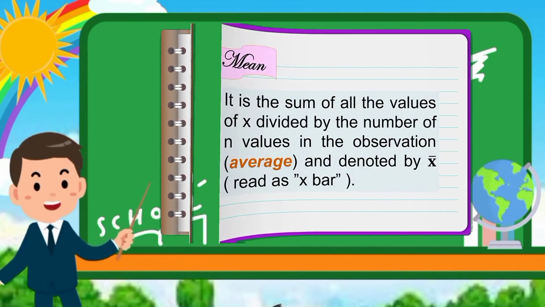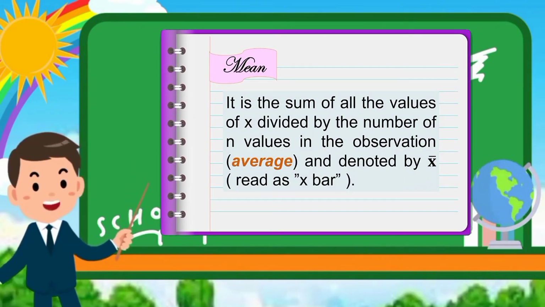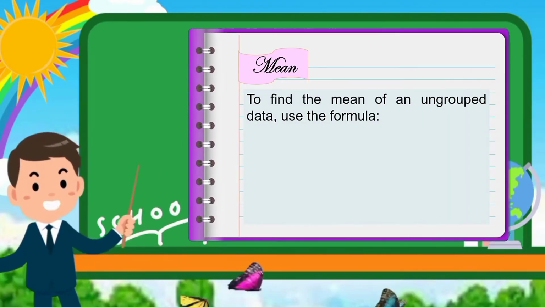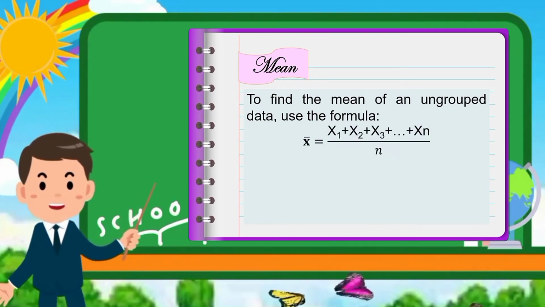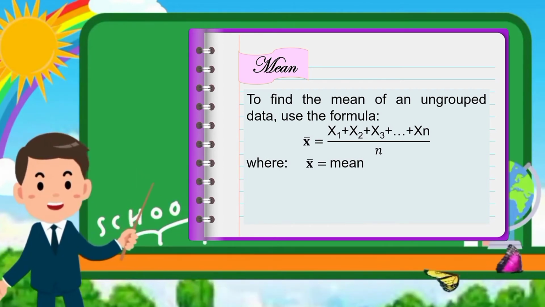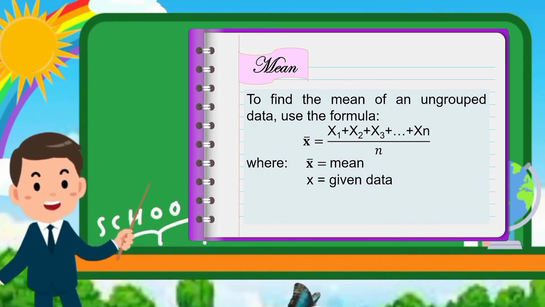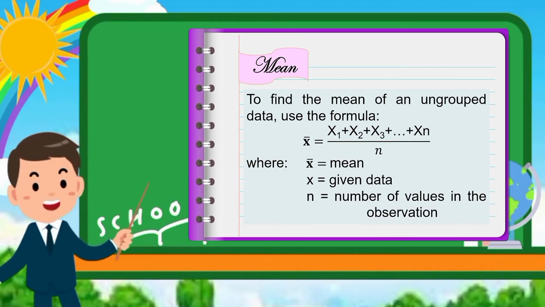In addition, mean is the sum of all the values of x divided by the number of n values in the observation, also known as the average, and denoted by the symbol x bar. To find the mean of ungrouped data, use the formula x bar equals the sum of x over n, where x bar equals mean, x is the given data, and n is the number of values in the observation.